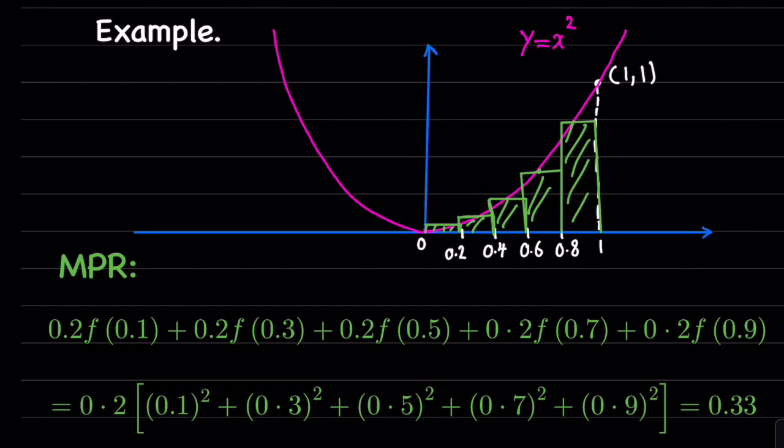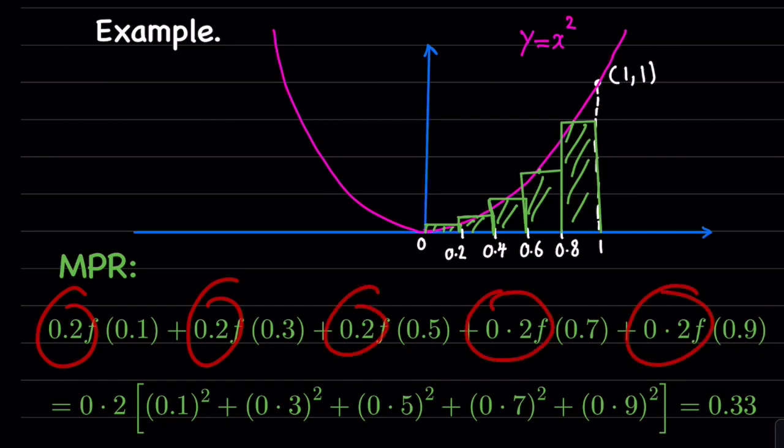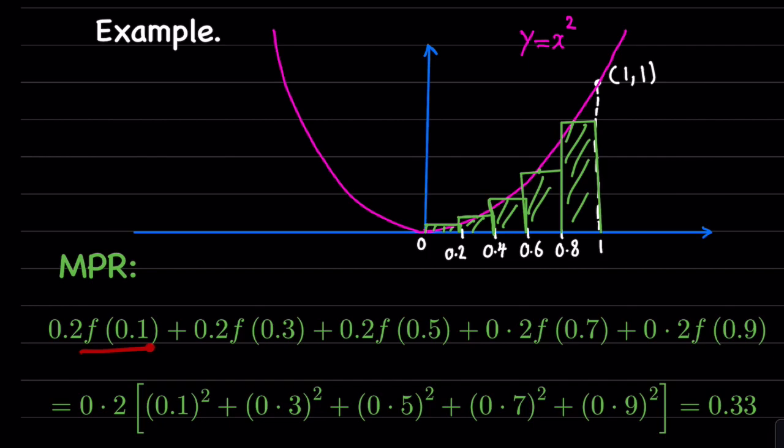So you can easily compute this. You factor out 0.2 from all these 5 terms. You put it here, and then f of 0.1 is 0.1 squared. f of 0.3 is 0.3 squared. And notice that 0.3 is the midpoint of the second interval, and so on.